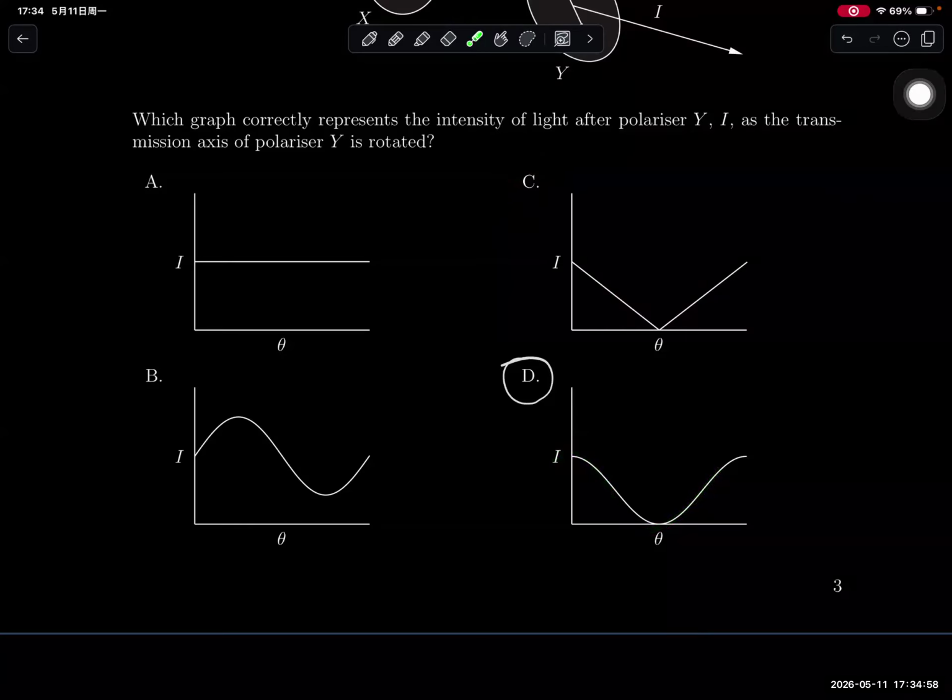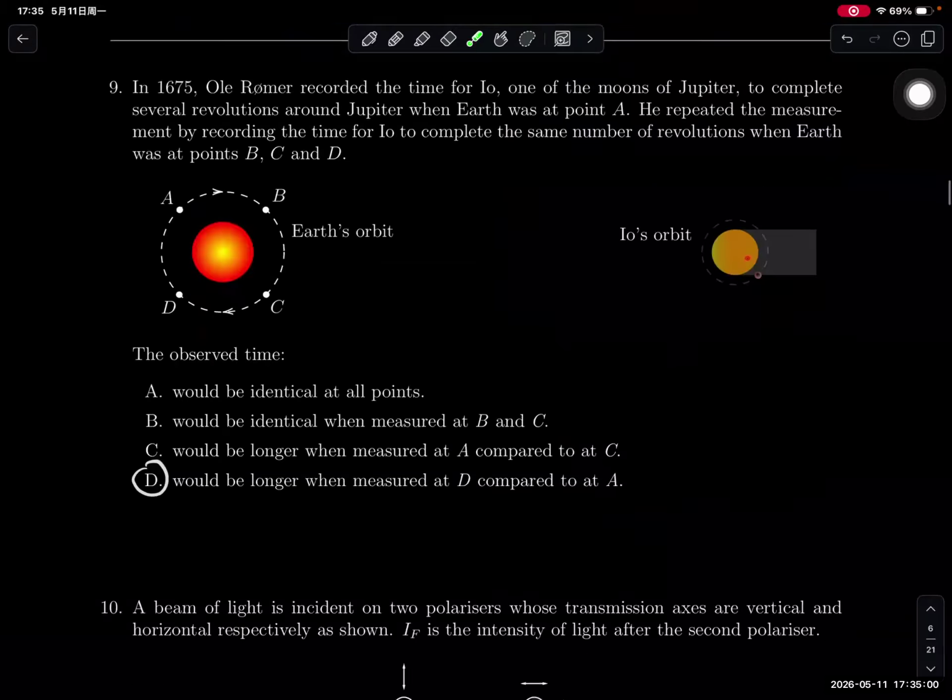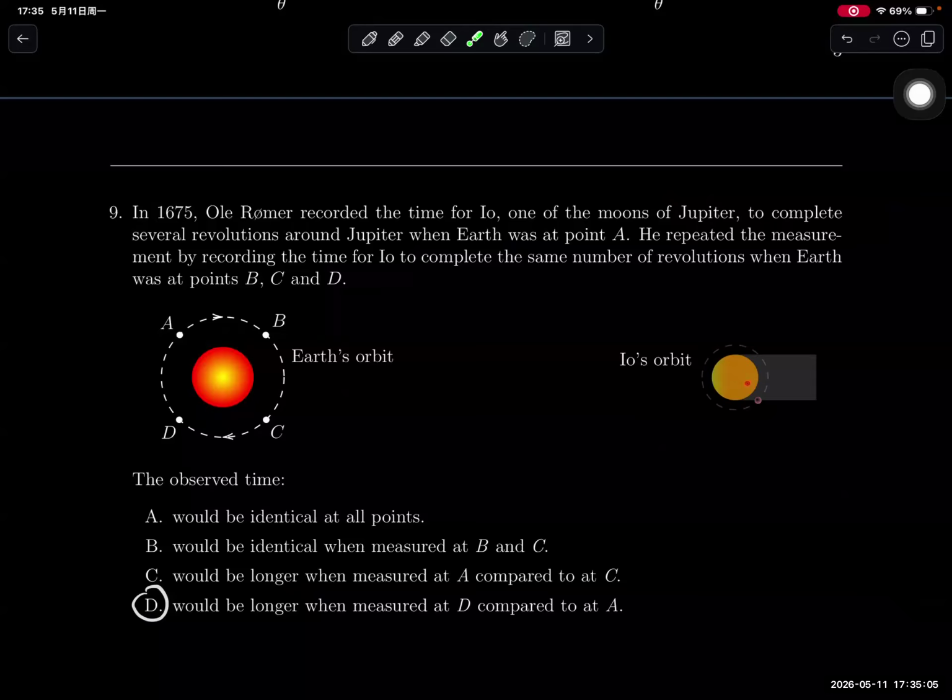So, question 9 is Romer's experiment, where he observed the duration of Io's eclipse at different locations of the Earth and used the difference in the measured time to calculate the speed of light.